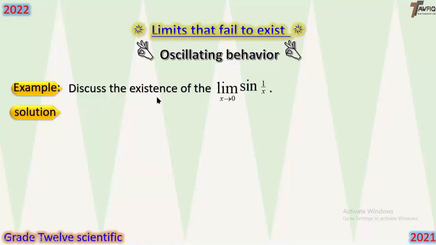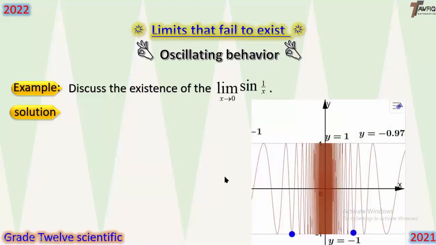Discuss the existence of the limit as x approaches 0 for sine of 1 over x. As you can see here in this video, these points are oscillating between minus 1 and 1 when we get closer and closer to 0, from the left and the right.